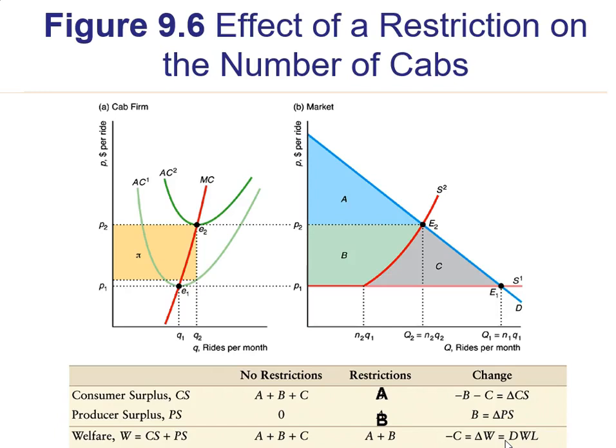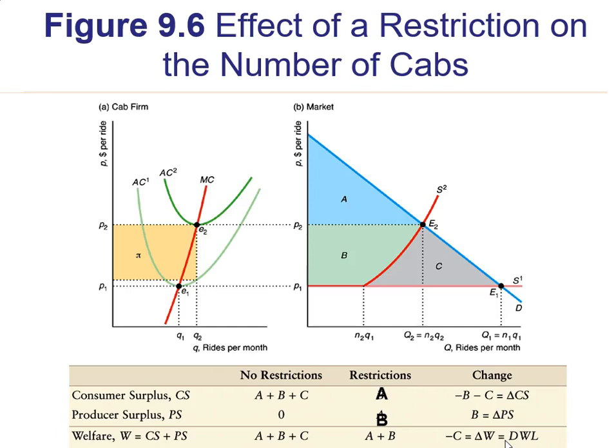Now, if we impose a supply restriction and say, hey, we're going to limit the number of taxi cabs at a certain point, that would cause the supply curve to have a positive slope after that restriction is reached, and that positive slope leads to a higher price, a new equilibrium E2, higher price.